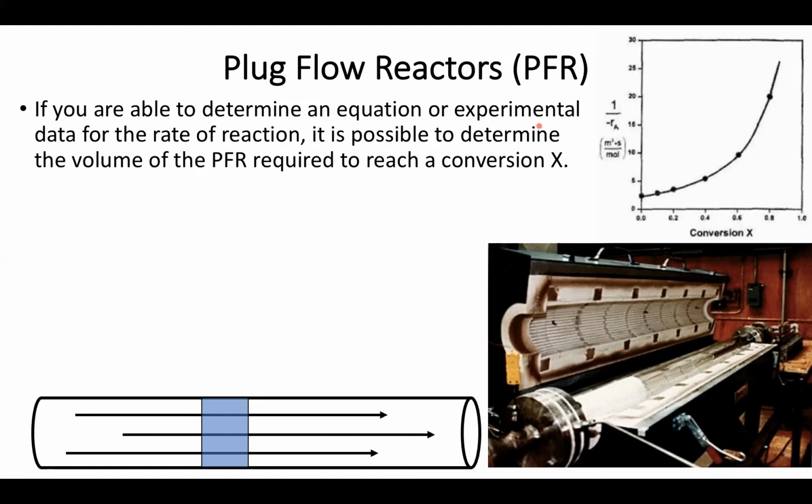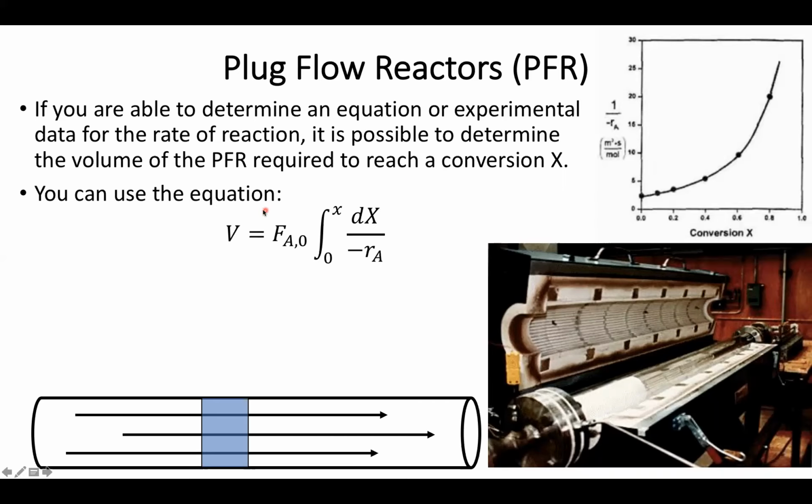But using these sort of relationships, it's going to actually be possible to determine the volume of the PFR, the plug flow reactor, required to reach a certain percentage of conversion. Now, it is worth noting that you will need some information as to the diameter of the system in order to be able to convert position into volume.